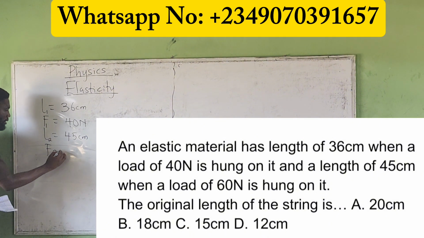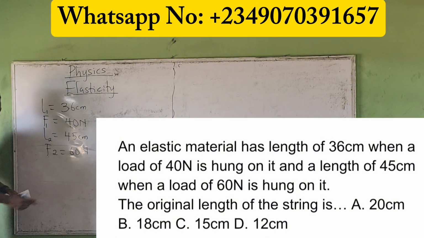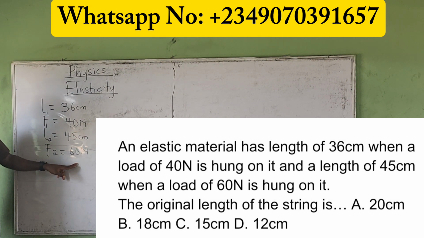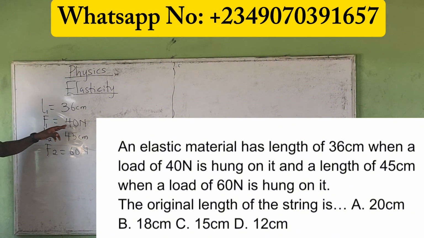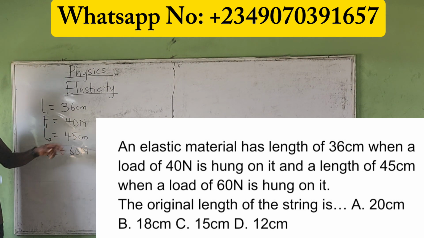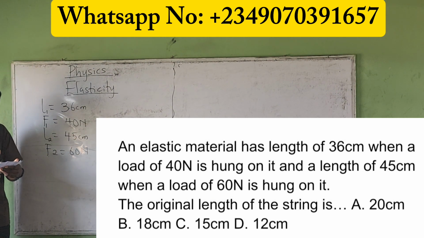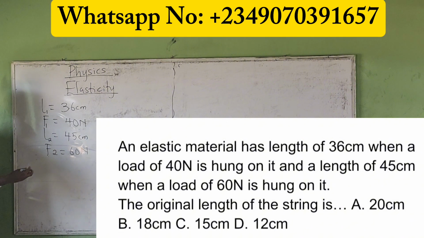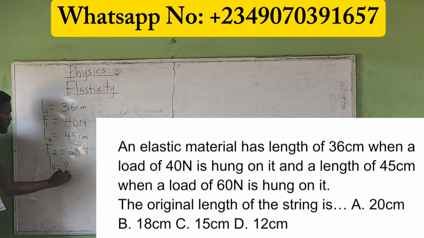F2 is 60 newtons. We change the force from 40 to 60. So what happened now? The length increased. When the force was 40 newtons, the length became 36. When the force became 60 newtons, the length became 45 centimeters. The question says, what is the original length, which is L0?